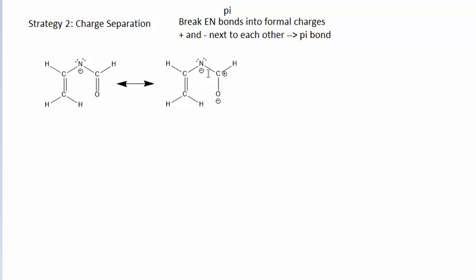And you know that if you have a positive and negative charge next to each other, those can be combined together to make a pi bond. Because again, that's how we just created this charge separation, is we broke up a pi bond. So if you look and you break up even further, you'll see that we can do something like this.